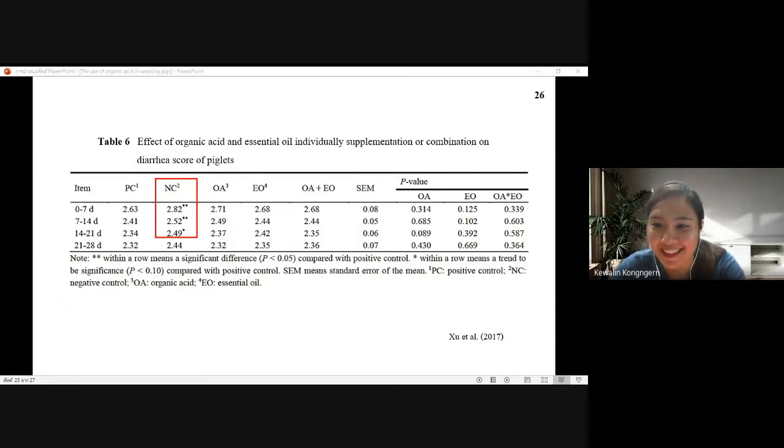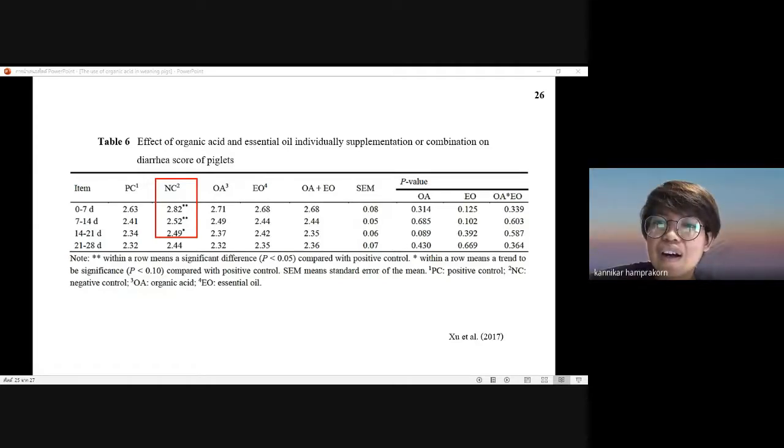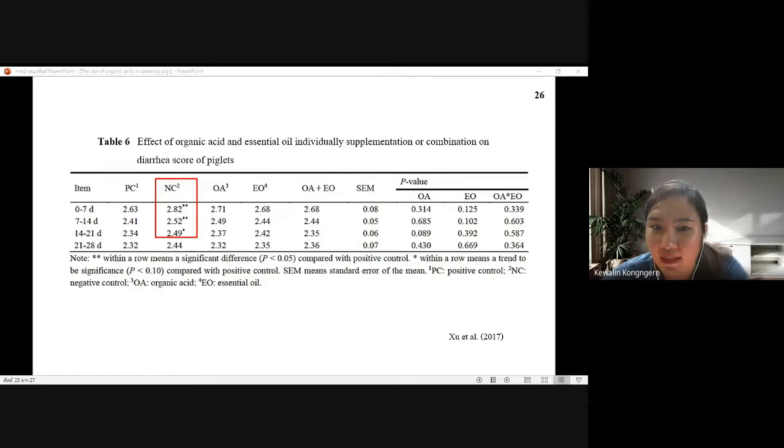Just use only the organic acid, right? Yes, and you can compare with the price that you spend to buy the organic acid or the essential oil.